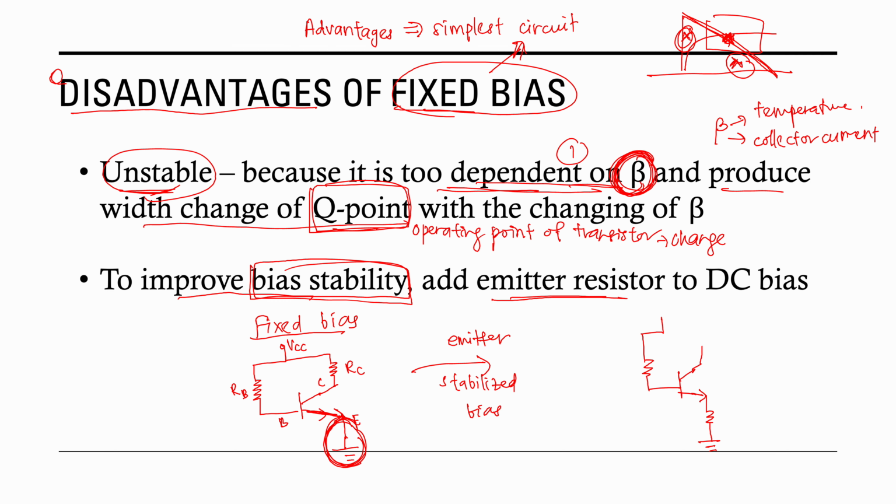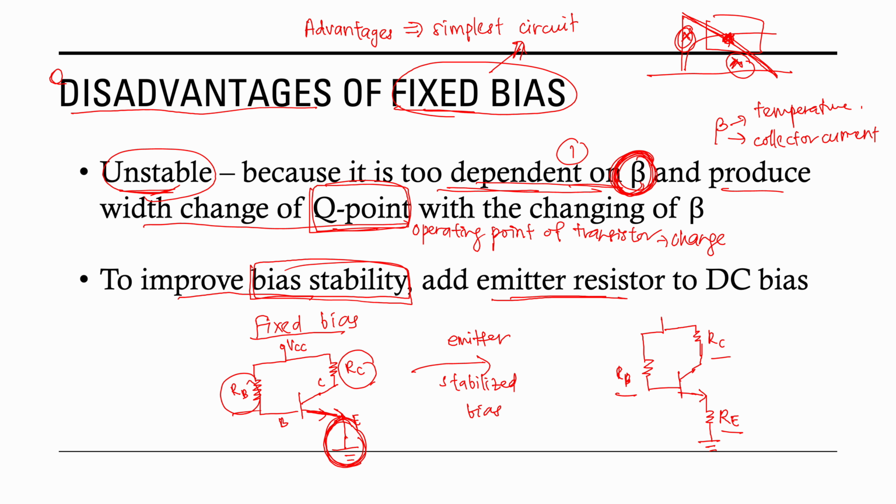So here we'll have RB, RC and RE. There are 3 resistors for emitter stabilized bias, while for fixed bias there are only 2 resistors, RB and RC.